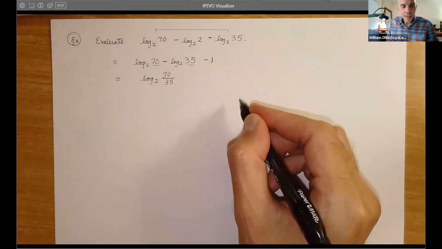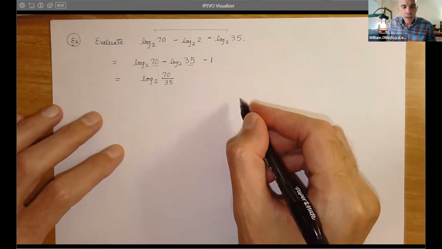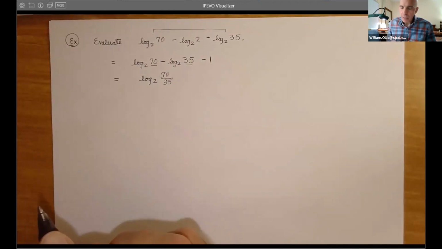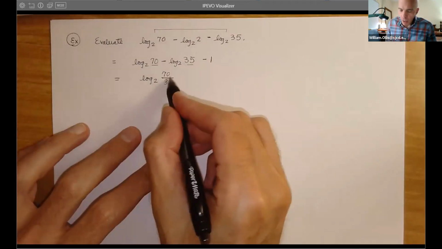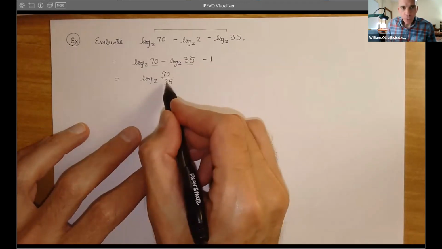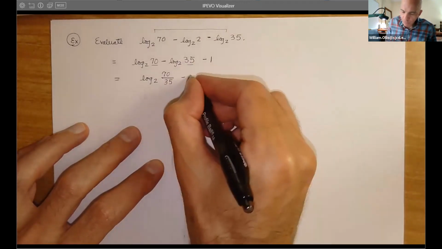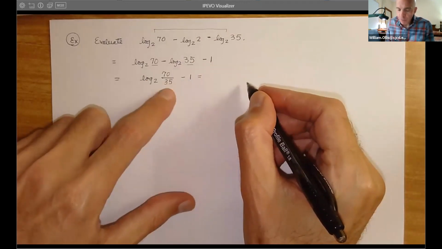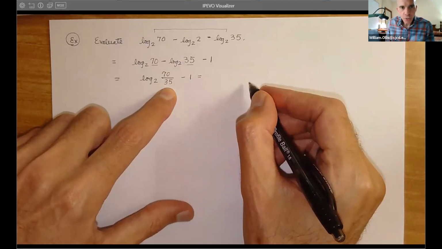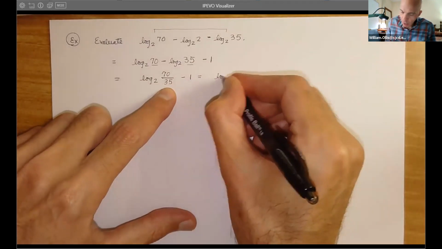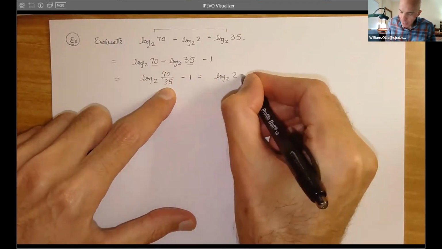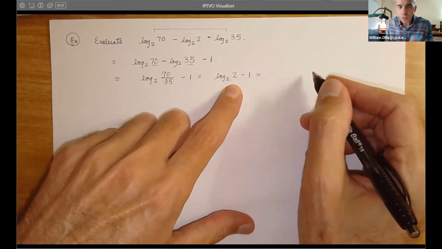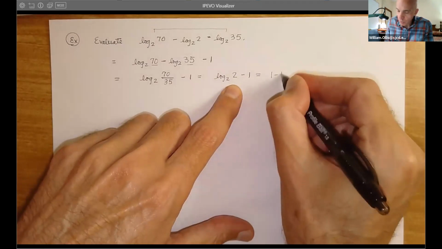Now, when you look at this and you think, okay, well, what's interesting about this particular example is that, again, we have something very simple here that we can actually evaluate. That is now log base 2, 70 divided by 35. Well, that's just 2. So we have log base 2 of 2 minus 1. But of course, the base 2 logarithm of 2 is 1, so we get 1 minus 1, or 0.